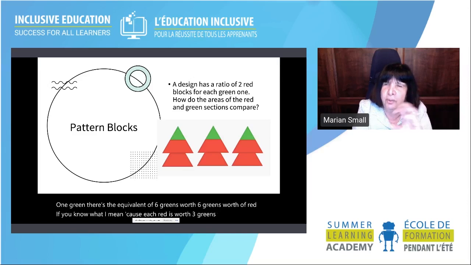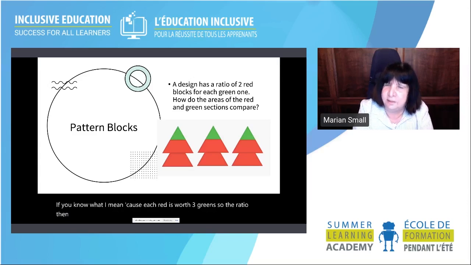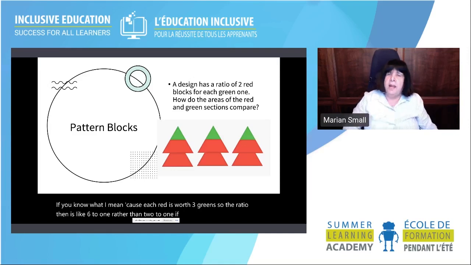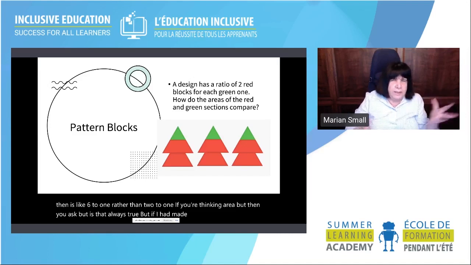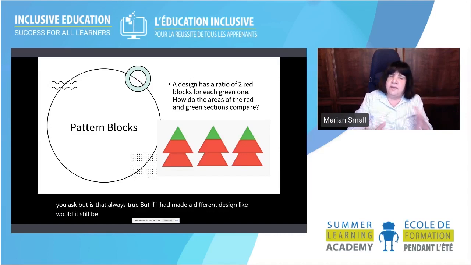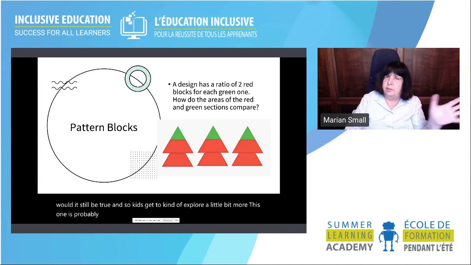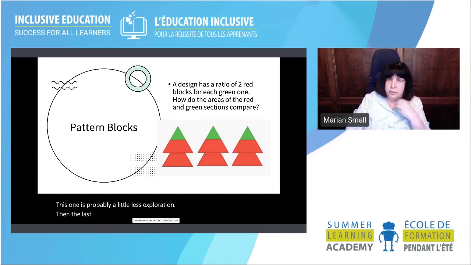So the ratio then is 6 to 1 rather than 2 to 1 if you're thinking area. But then you ask, but is that always true? What if I had made a different design? Would it still be true? And so kids get to explore a little bit more. This one is probably a little less exploration than the last one, but there's still exploration to do.